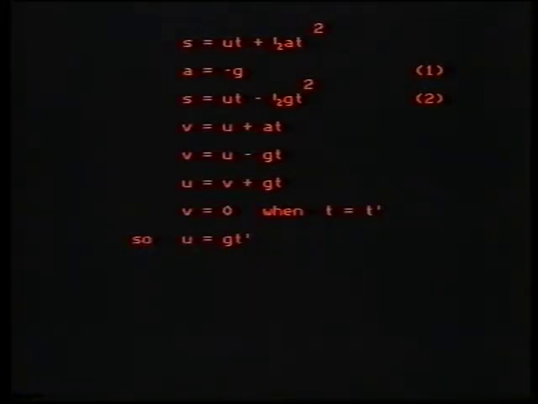Now let's say that it takes time t dash to reach the top of the jump where v is 0. Then by substitution, u is equal to g t dash. So again by substitution, equation 2 now becomes s equals gt dash times t minus a half gt squared.